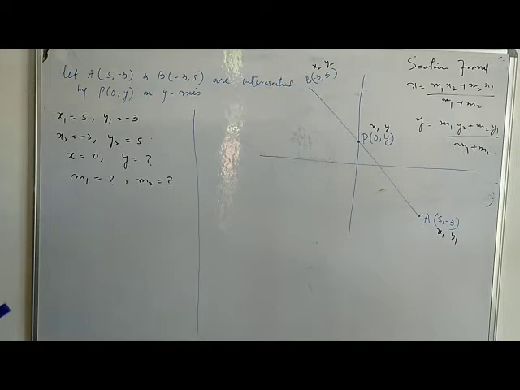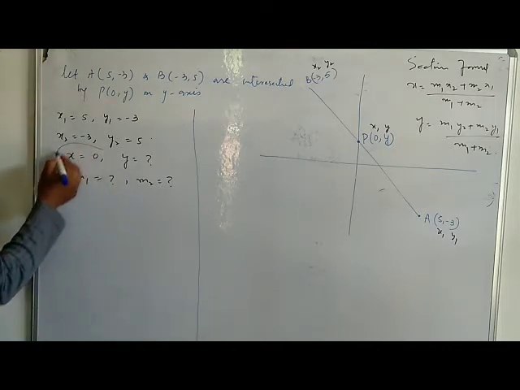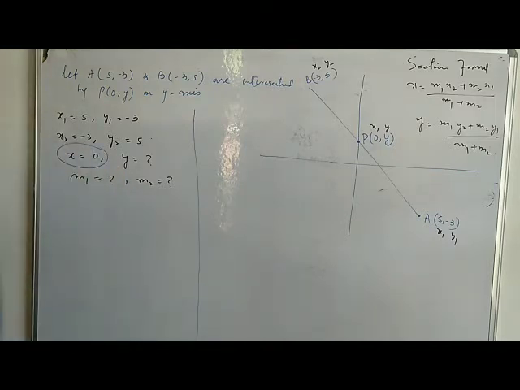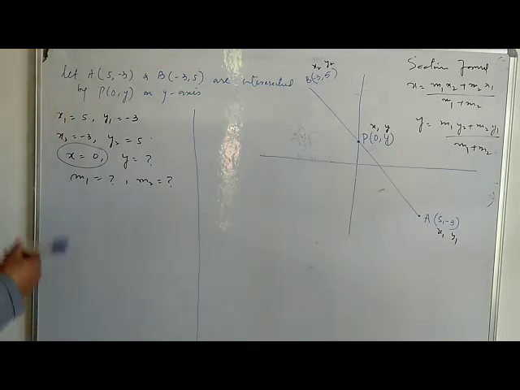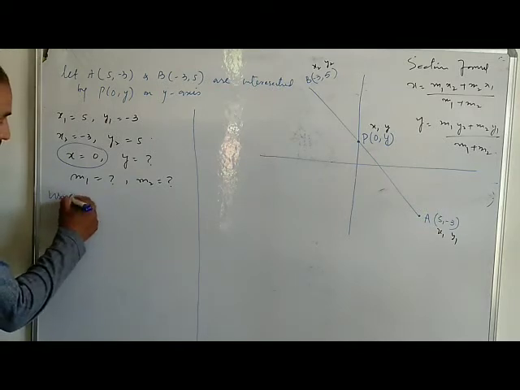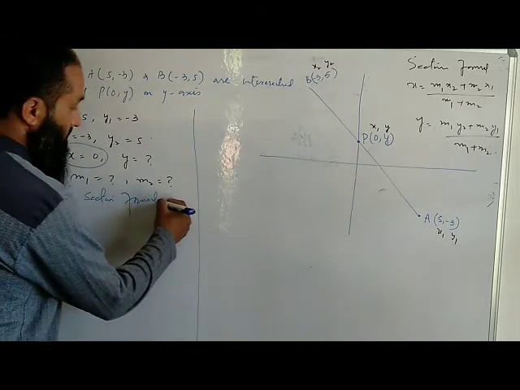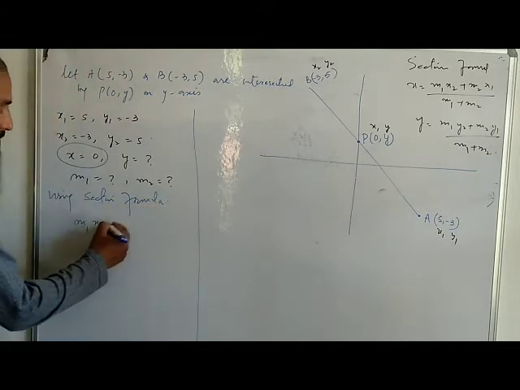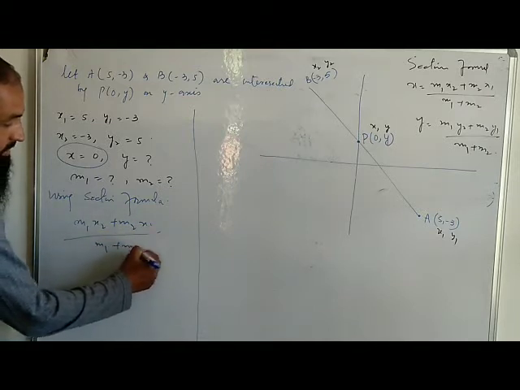Now moving ahead, here we will take advantage of which one? Of x. In the previous question, which one did we use? y, because y was given there as 0. Using the section formula, (m1 x2 plus m2 x1) divided by (m1 plus m2) is equivalent to x.